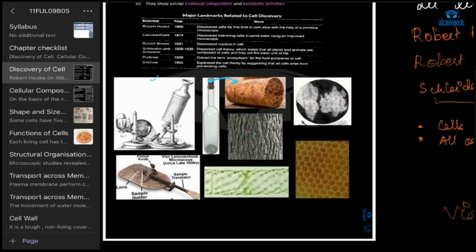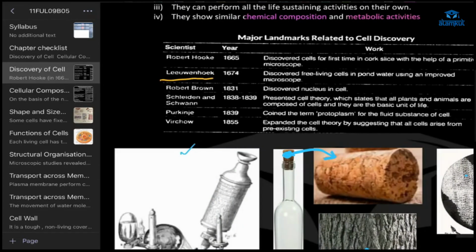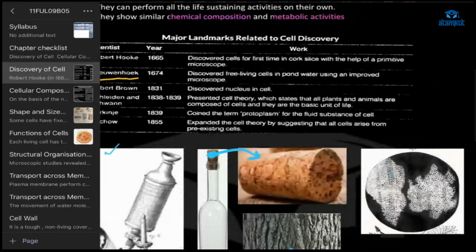And the person who discovered the free-living cell was Louis van Leeuwenhoek. So which cell did he discover? He discovered Spirogyra. It's a type of green algae. Now, who discovered Spirogyra?